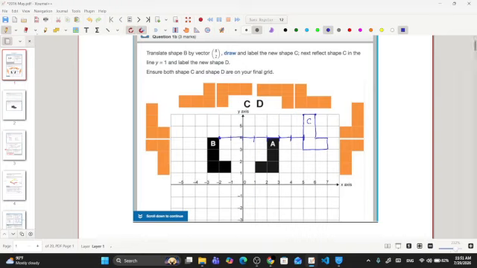And then it says reflect shape C in the line y equals 1. The line y equals 1 is essentially this line. So let's reflect it the way it should be done. This is a length of 2 values, so here it should also be a length of 2 values.